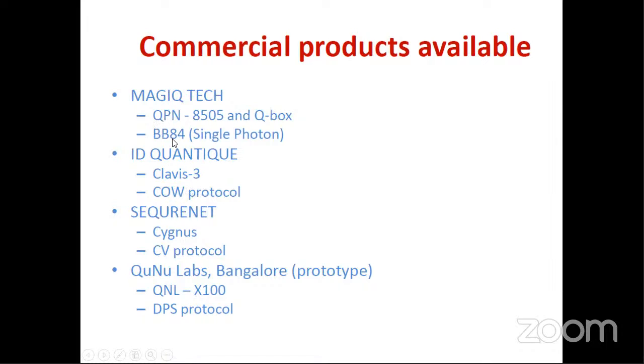BB84 is the foundation protocol, and other protocols are variations that use other phenomena, and they have their own protocol. There is also QNu Labs in Bangalore, which has its own product, QNu X100, and they use the GPS protocol.